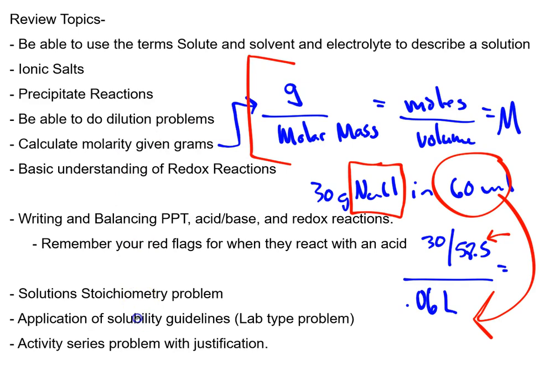All right, you need to be able to show a basic understanding of redox reactions. A redox reaction is when something gains and loses electrons. You need to remember which one is oxidized. The oxidized is the loser, so reduced must be gain. Are we okay with that?